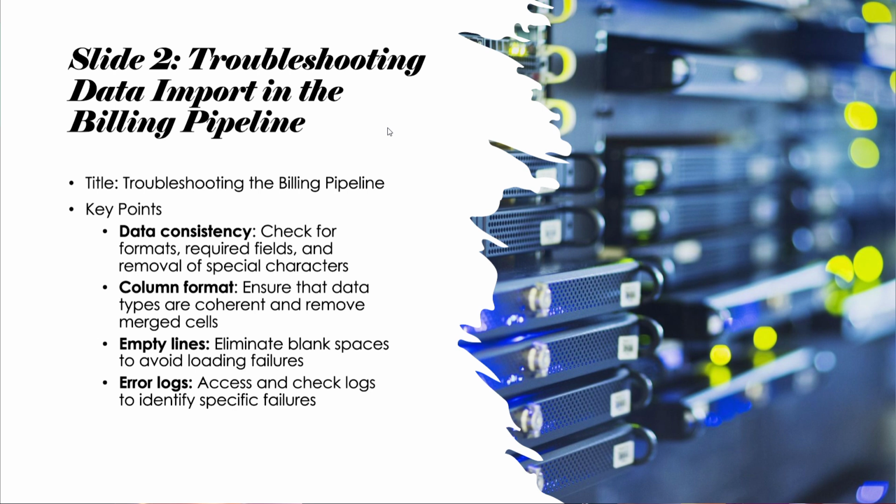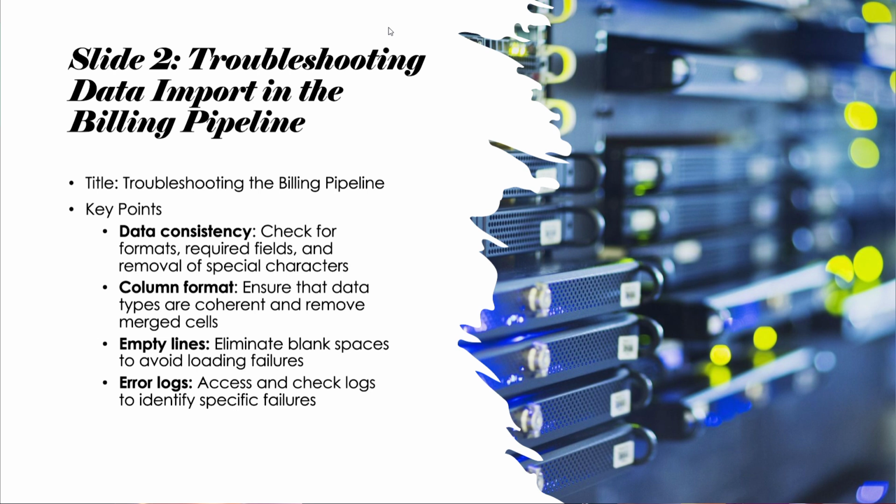Looking at the column format and data types, a column with numbers cannot have text in it, just as a column with text cannot have a number in it. We also cannot have empty lines or spaces in between rows, or in columns.